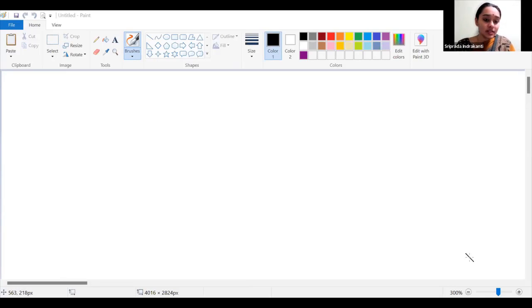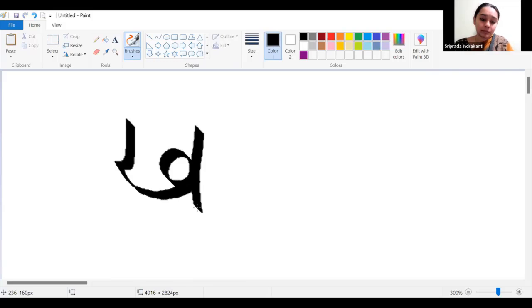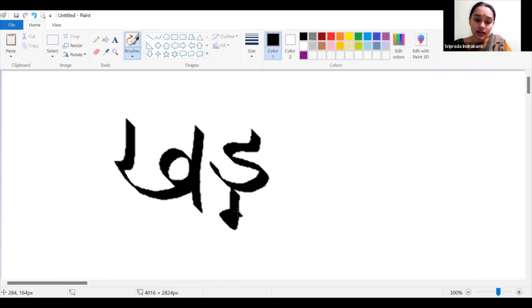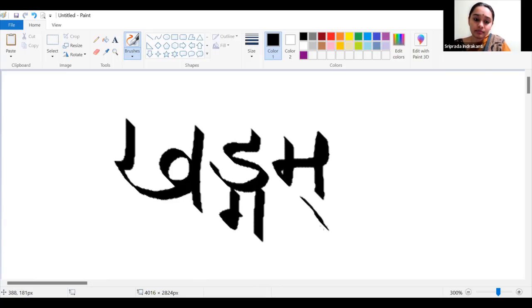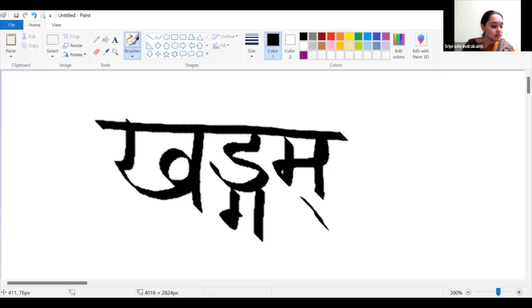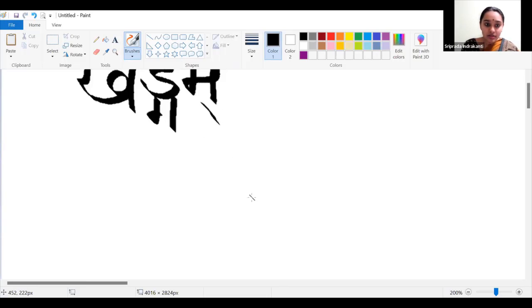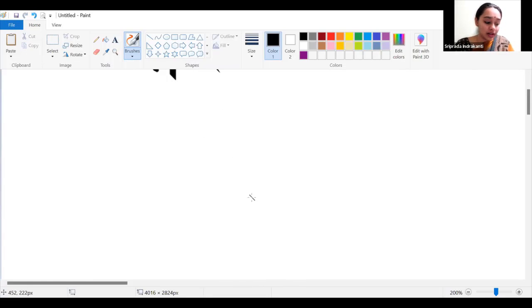Okay, so we saw khadgam, kha, and then d and g, khadgam. Khadgam is a sword. So observe that we have to make the letters even smaller for them to fit. So let me do another one.